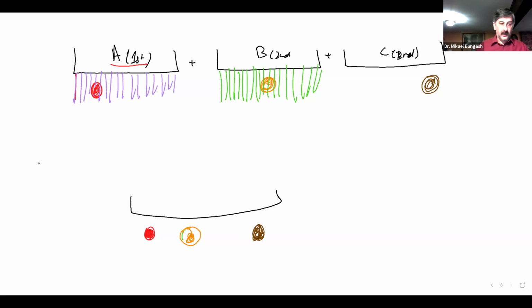Again, it's going to scan it from the same angle. Did that make sense? Okay.